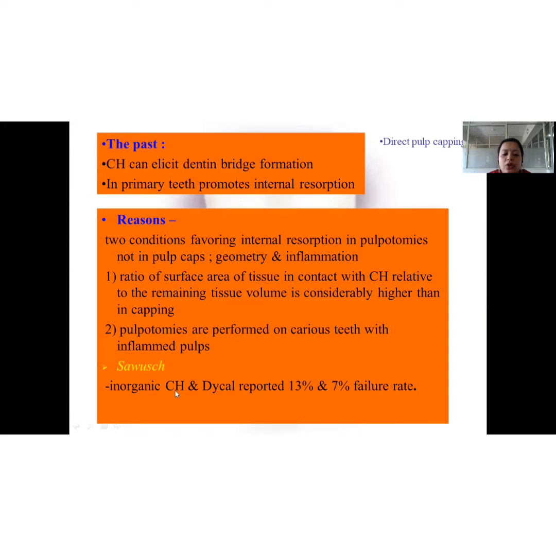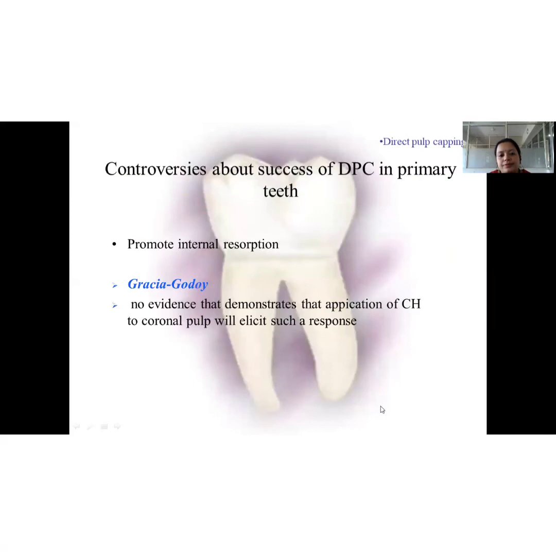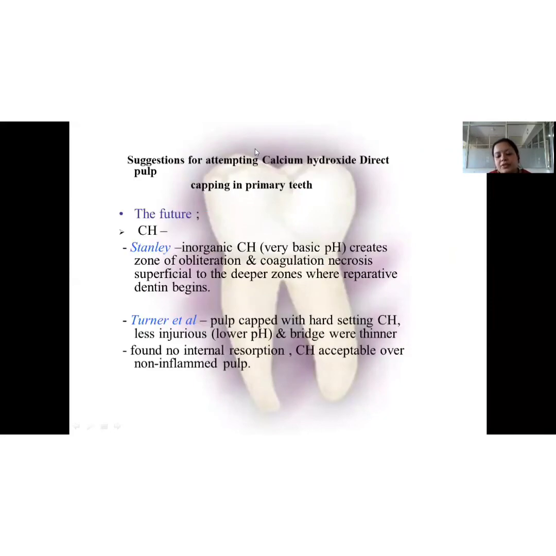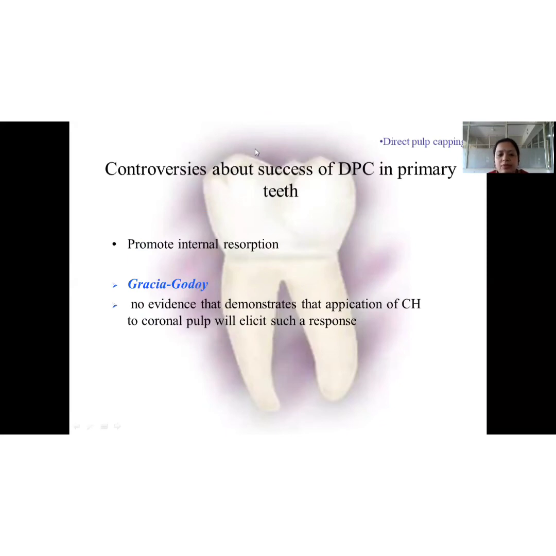According to Powers, in one report calcium hydroxide showed 13 to 7% failure. Now, there are many controversies against the success of DPC. Why? Because it promotes internal resorption.